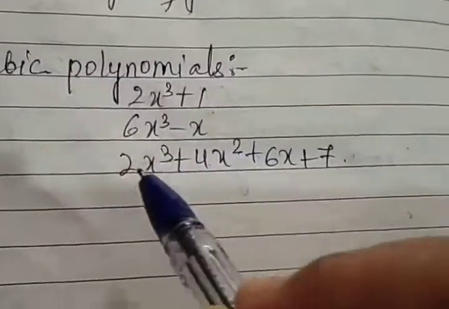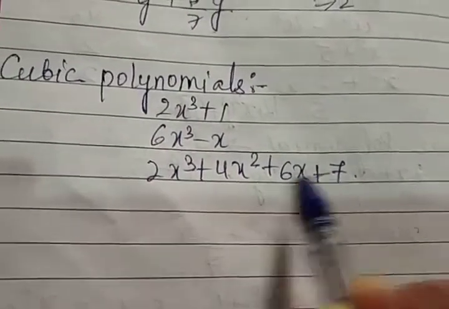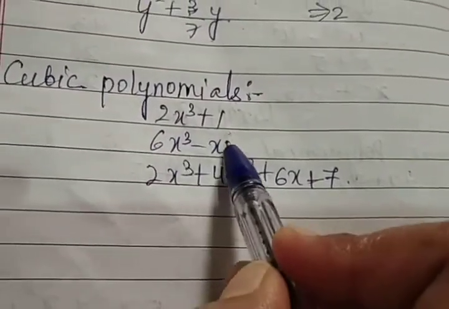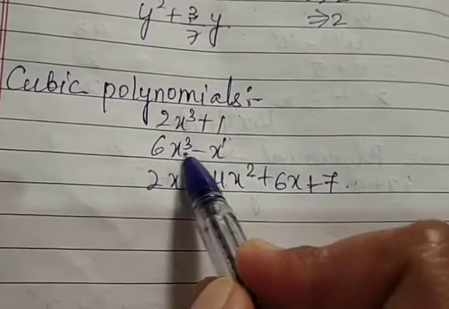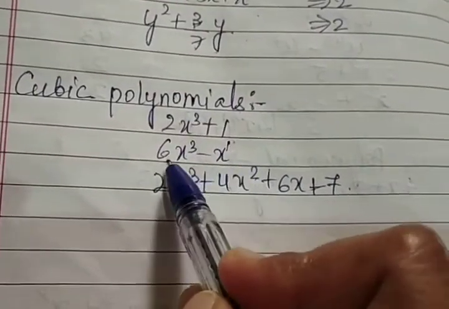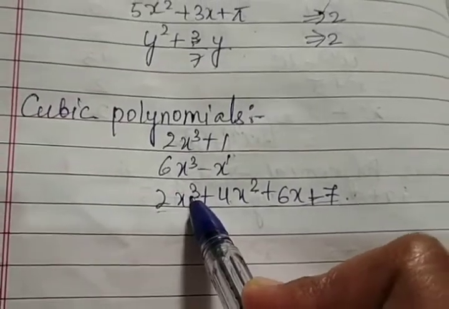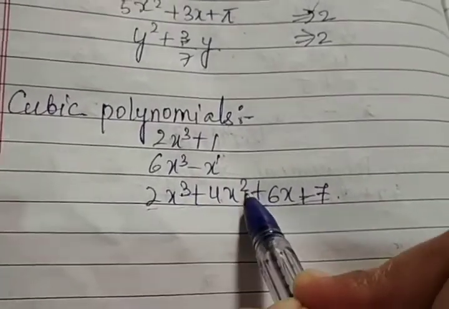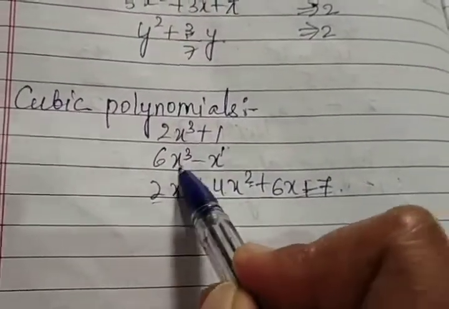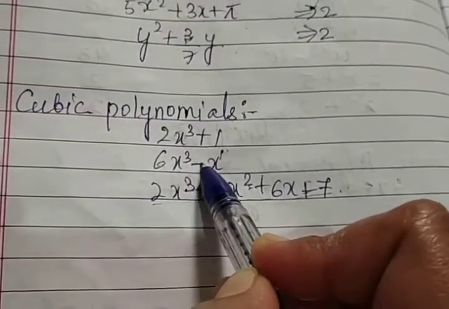Okay, the standard form is this. Here you can see x cube and then x raised to 1. This is not the standard form of a polynomial. The standard form of writing any polynomial starts with the power 3, 2, 1 and then 0. Here it is 3 and directly 1, so power 2 is missing.